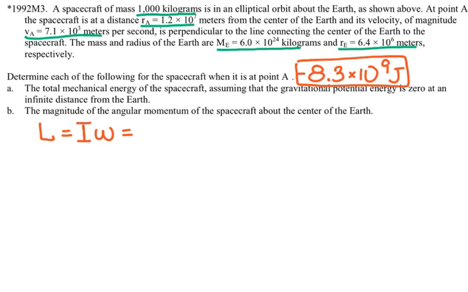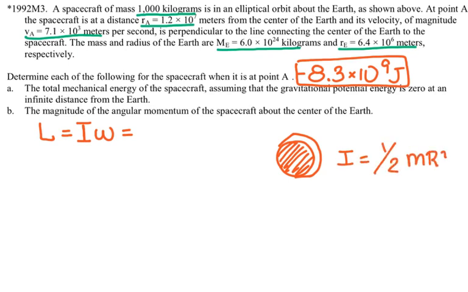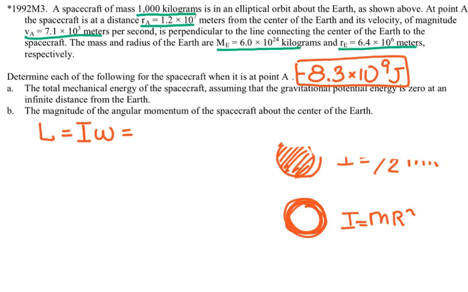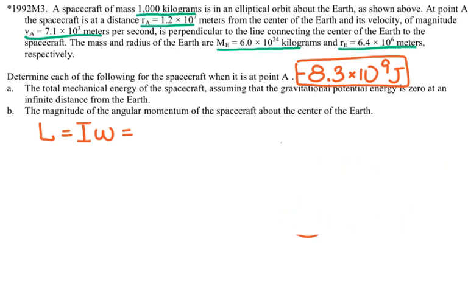If you remember from the lesson that I posted for you, it's good to remember that if you have a disk filled in with stuff, its inertia is equal to 1/2 mr squared. And if you have a hoop, its inertia is mr squared. So these two are very good to remember. I haven't ever seen them in the formula sheets, but it looks like here they want you to know this formula.